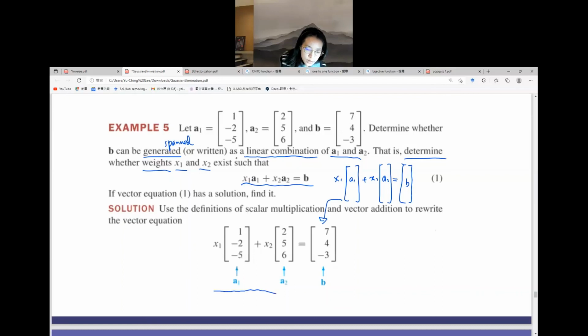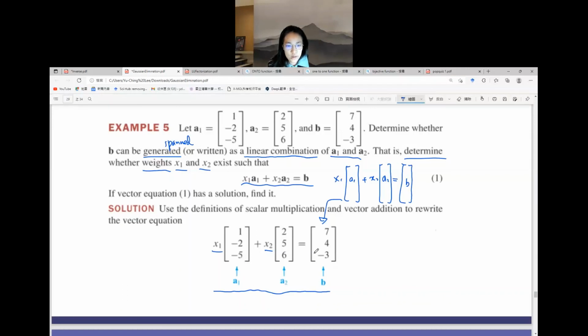By replacing a1, a2, and b by the numbers provided to us, 把 a1, a2 跟 b 的这些数字带进去之后，它就呈现一个 vector 的形状。那最后再来决定说有没有存在 x1, x2 可以使这个 equation 成立。If there exists such an x1 and x2, that means the answer is yes. b can be generated as a linear combination.